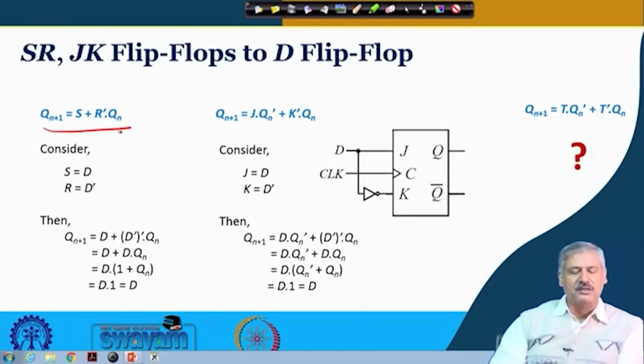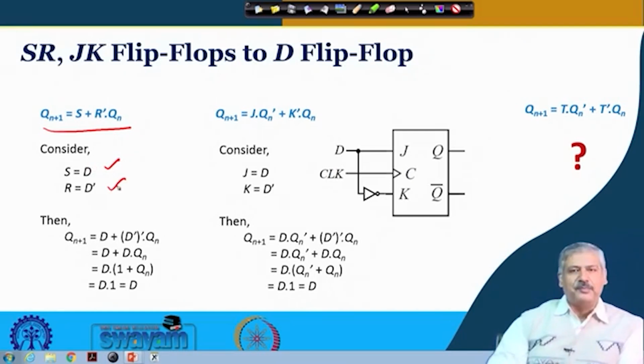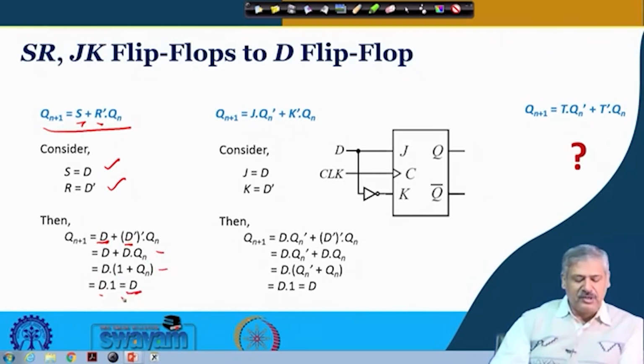This is Q n plus 1 is equal to S plus R prime Q n, and if we consider S as D and R as D prime, and put it in the characteristic equation, then we go through the steps and see that Q n plus 1 is becoming D, which is basically the D flip-flop equation.